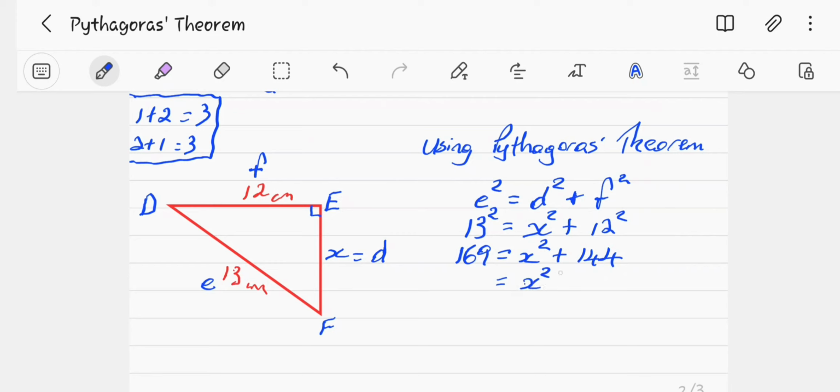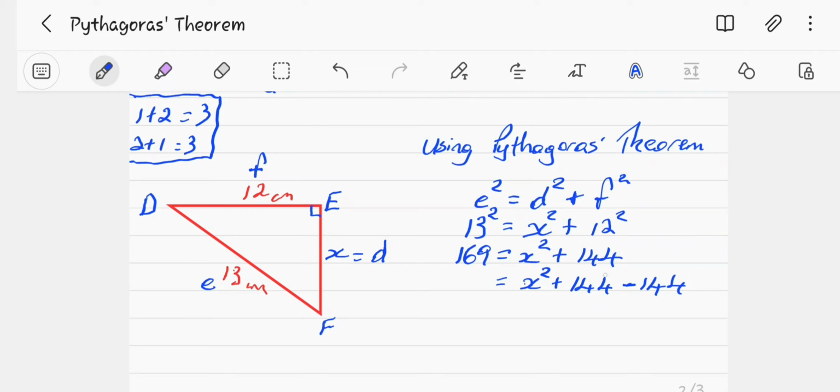So it's x squared plus 144 minus 144. But we remember the principle: whatever we do on one side of an equation, we have to do on the other side to keep it equal.